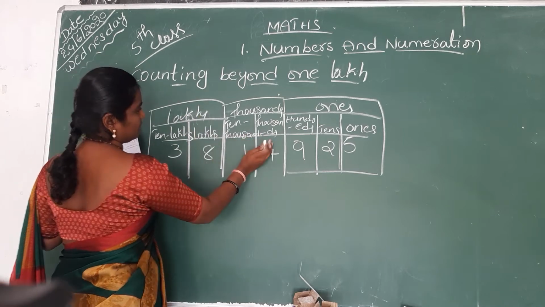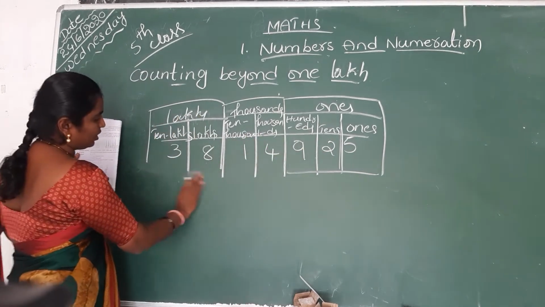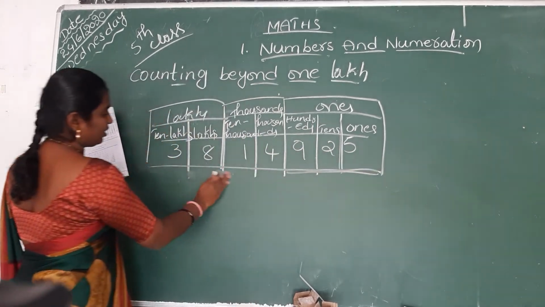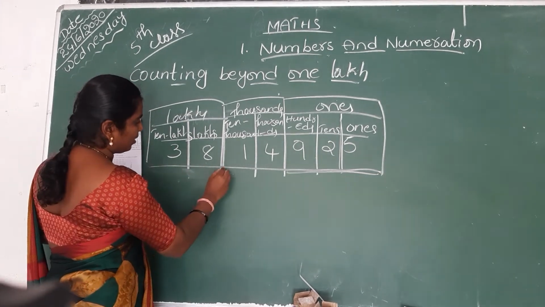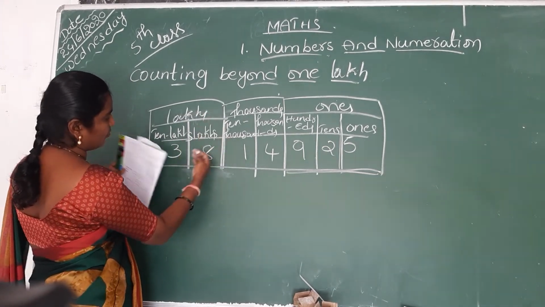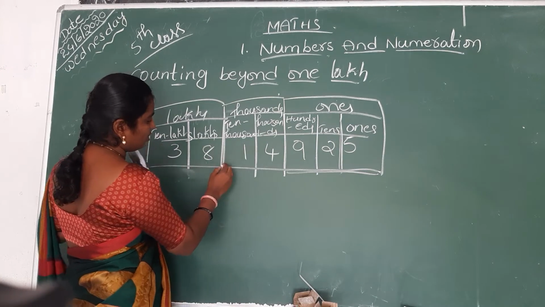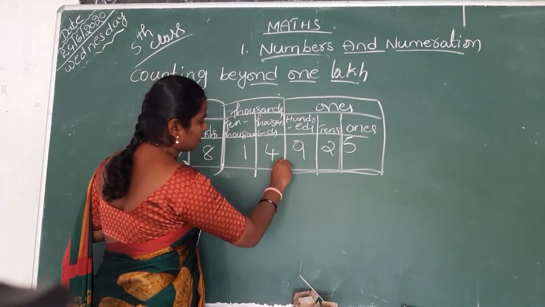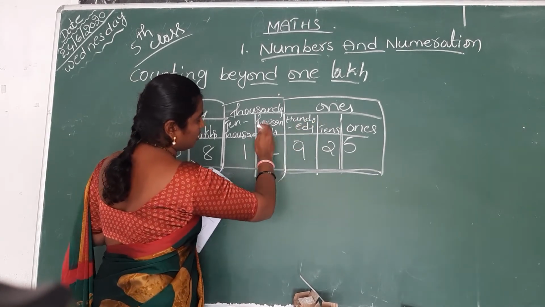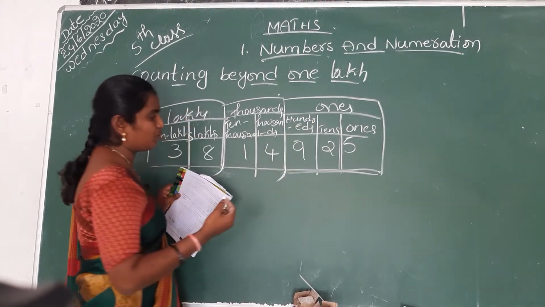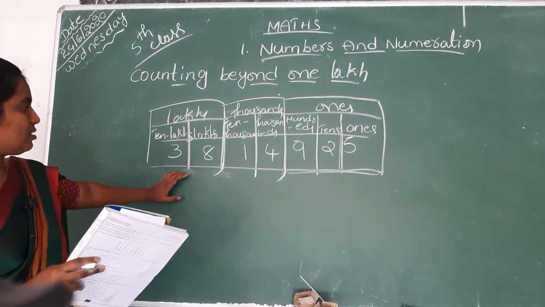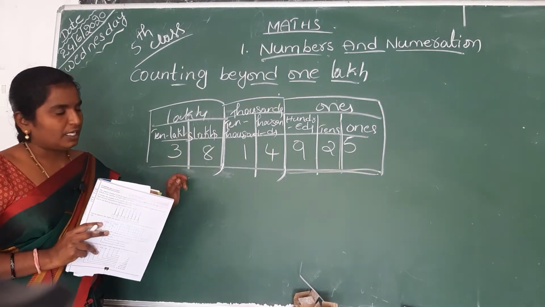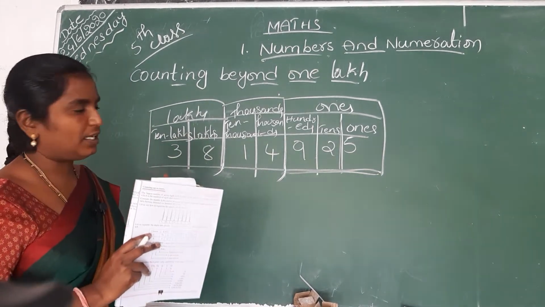These are lakhs, these are thousands, these are ones. So by putting a comma, we have to put the comma first between lakhs and thousands, so first we put a comma in lakhs place, and one more comma in thousand place, and here ones place. So here we have to divide and put a comma. So this is the place value of a number in lakhs place.